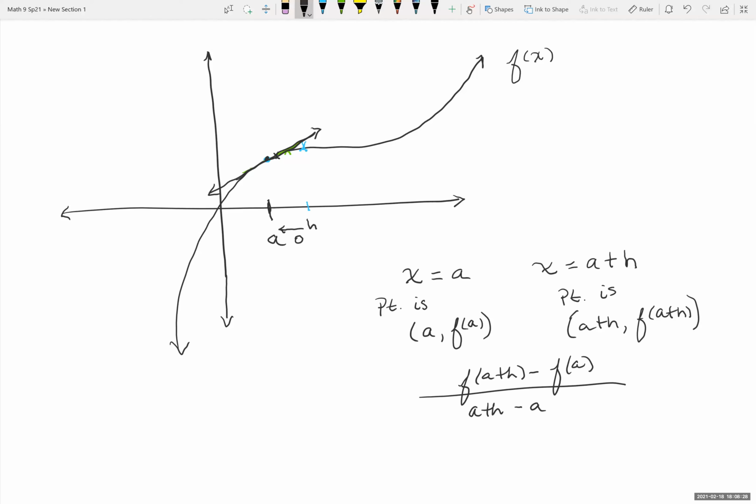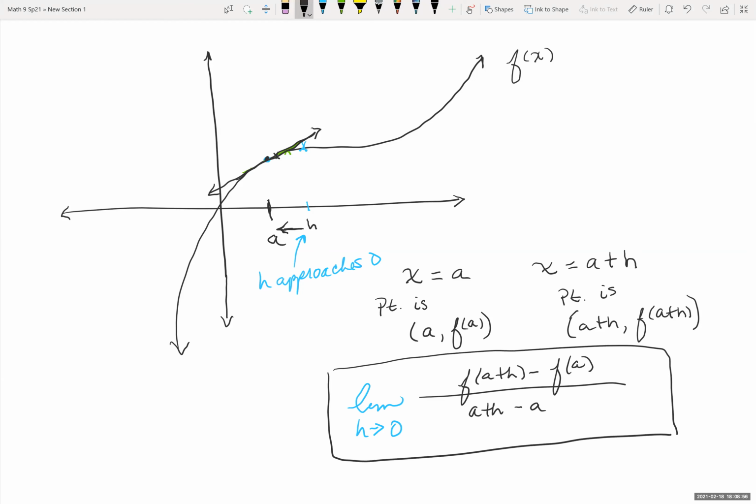And in order to get closer and closer to a, this value of h has to approach 0. And so we can write the limit of this as h approaches 0. And this is our instantaneous rate of change.